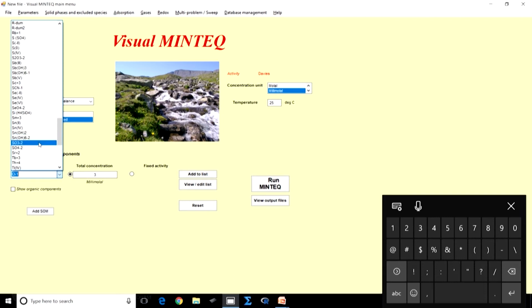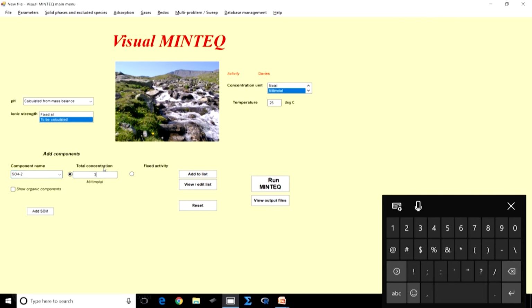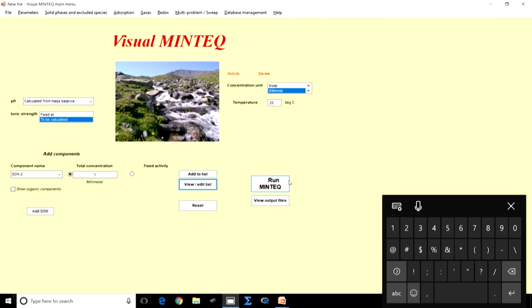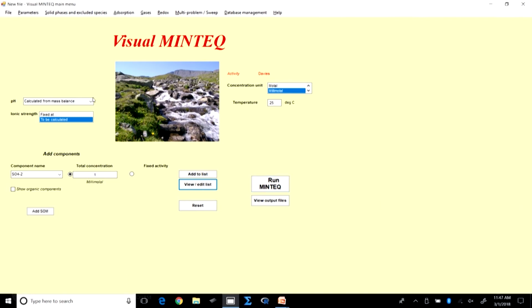I am looking for SO4 2 minus, okay, there it is, and here we have 1 millimolar again. So let's look at the edit list: FeCl3 and FeSO4. We are fine there, and now I am going to run it, but because the pH is fixed at 7, I need to specify that the pH is fixed at 7. That was the initial assumption, if you remember.